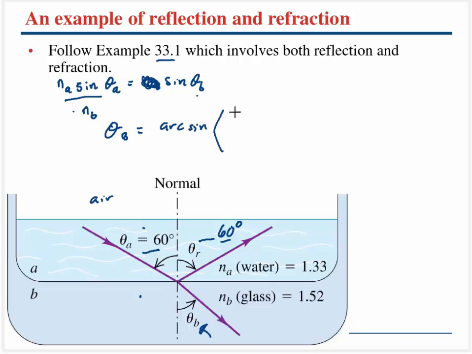Index of refraction A is going to be index of refraction of water, 1.33. Index of refraction B is going to be 1.52, and this is simply going to be the sine of 60 degrees. You go ahead and you find out this angle is going to be simply 49 degrees. Make sure you're quite comfortable with applying Snell's law.